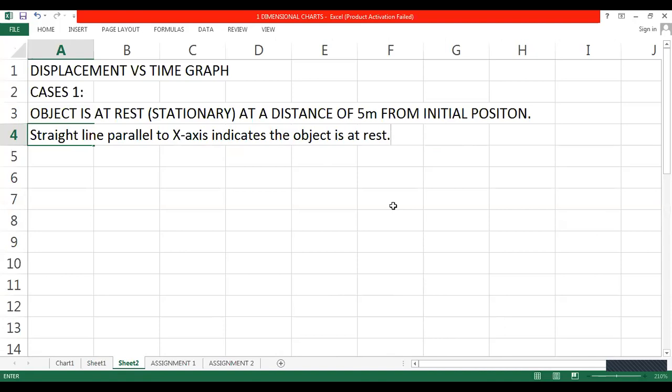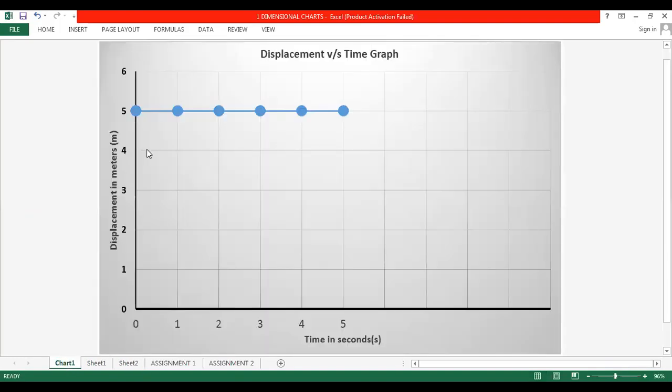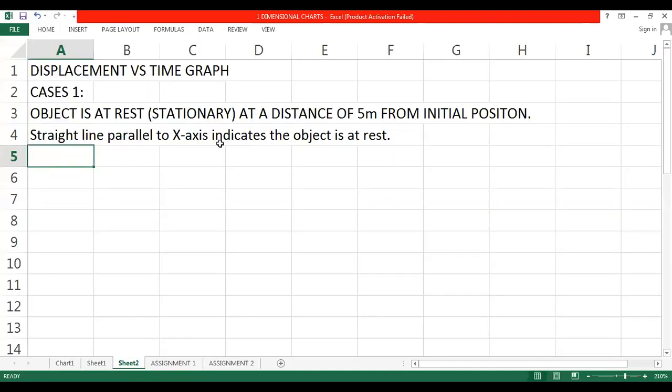What does it indicate? It indicates that the object is at rest. How do we read that line? This line is read as a straight line parallel to the x-axis. Isn't it a straight line, and isn't it parallel to the x-axis? Yes. So we read it as a straight line parallel to the x-axis.